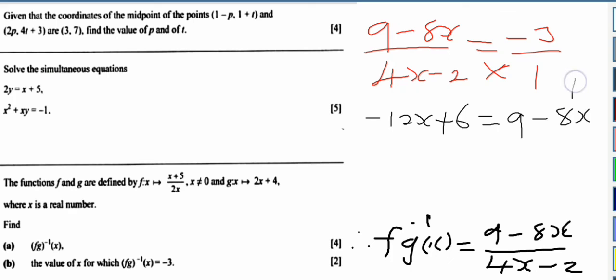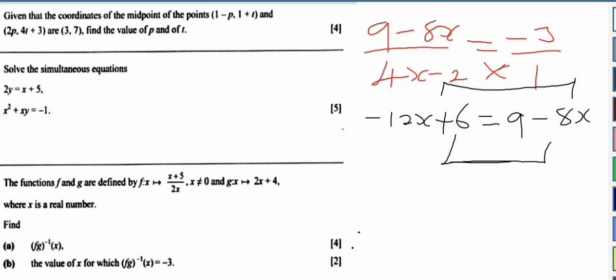So negative 8x is going to cross the equal sign, and it is going to change to a positive. Then positive 6 is going to cross the equal sign, and it is going to change to negative 6. So here we are having negative 12x plus 8x being equal to 9 minus 6.